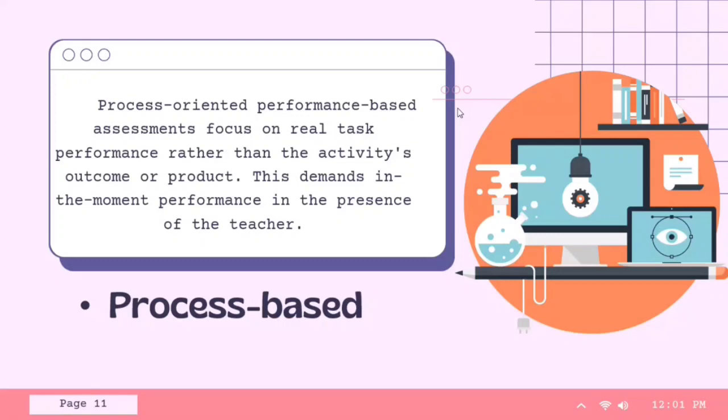In a certain performance assessment, there must be an evaluation tool on how the teachers will evaluate the performance of the learners. In this type of performance assessment, there are two kinds of rubrics, which are analytic and holistic rubric.